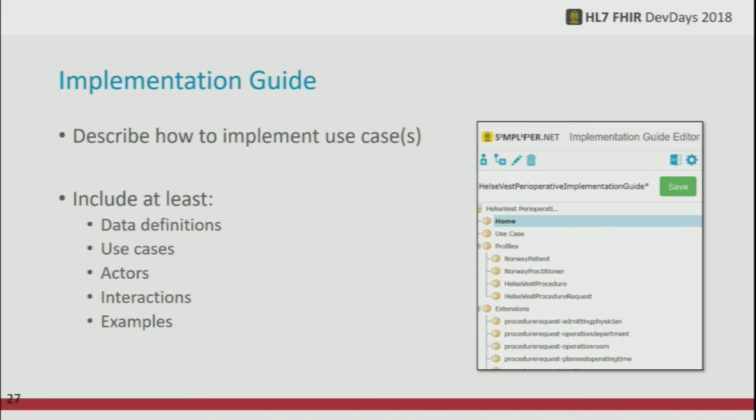Write anything about actors. What would clients and service need to do to implement this? Which interactions do you support? Do you support search? Which search parameters do you support? And add a lot of examples, because people love examples, especially developers. They would look at examples first and then look at your data definitions, probably.